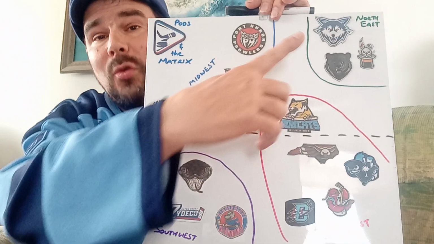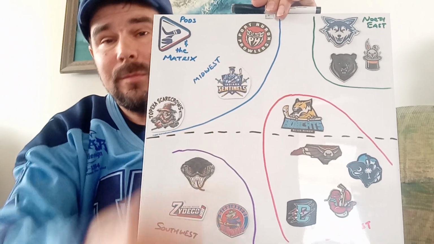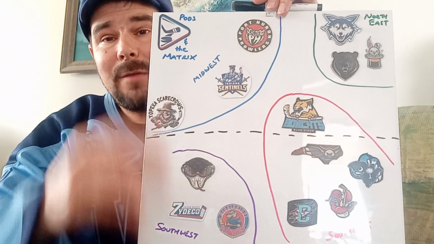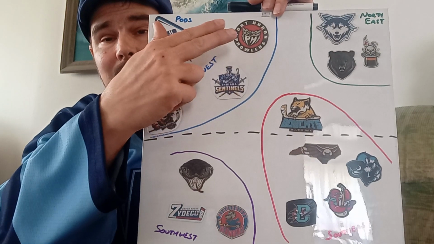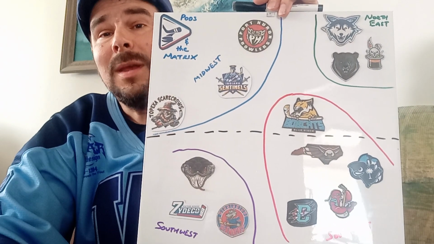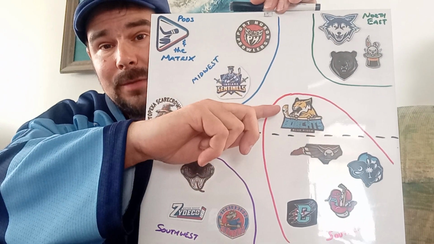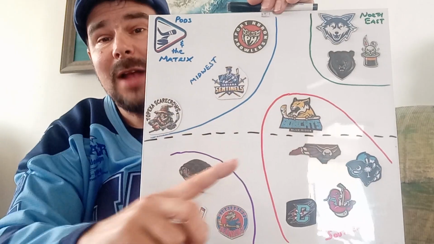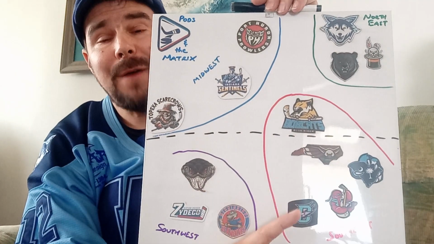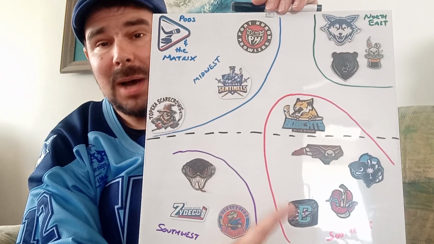Let me explain. So, Northeast, you have these three up here: Binghamton, Watertown, Danbury. In the Midwest, you have Port Huron, Indiana, and Topeka. Included in the Empire Division is the Bobcats, but they are in the Southeast Pod. And this is a 5-team pod.